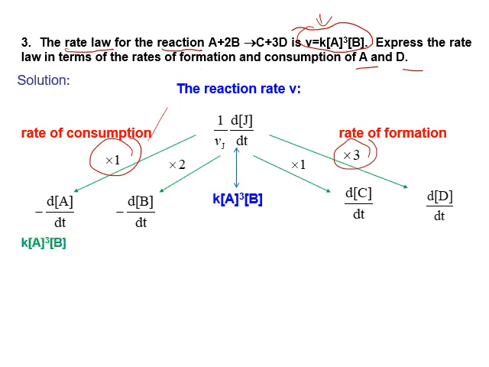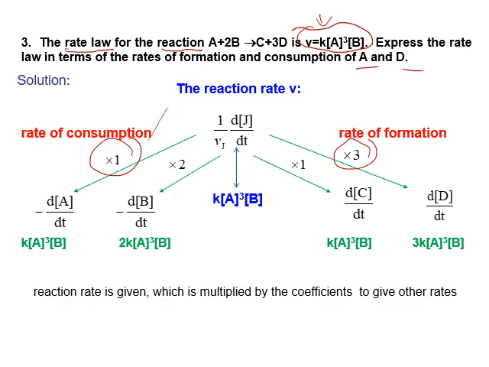Times 1 is the same as the rate of reaction. For D, you times 3, so 3 times k, A to the third power, times B. So again, the reaction rate is given. You multiply by the coefficient to get the other rates. This question just gives you an equation instead of a value.